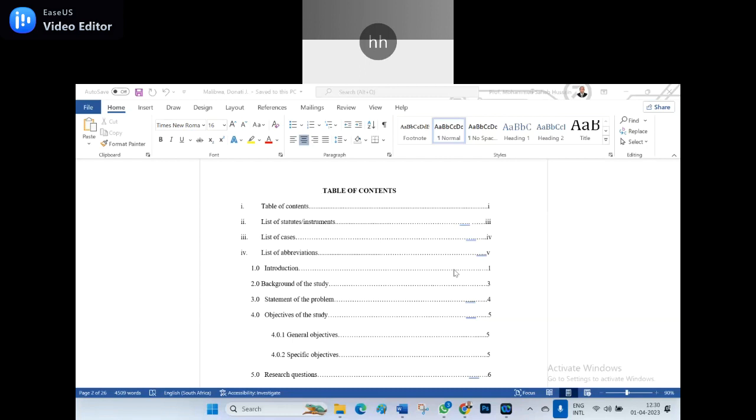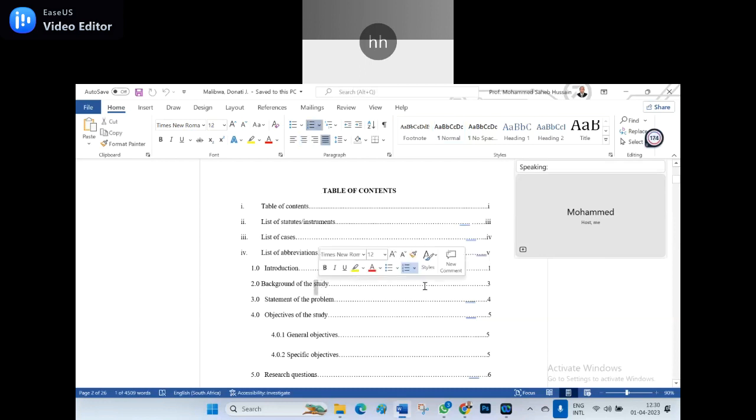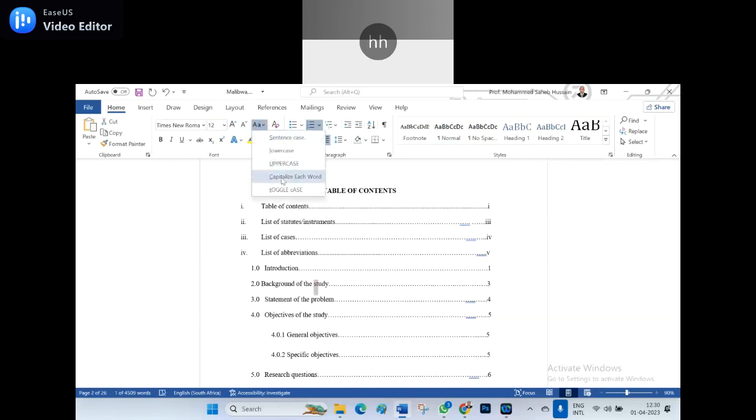So we don't write 1.0, the next one is 1.2. The background of the study is 1.2 and the statement of the problem is 1.3. That is the way. In the background of the study, the S should be a capital letter, because you made it a small letter. Is it clear? And then it should be 1.2, not 2.0.